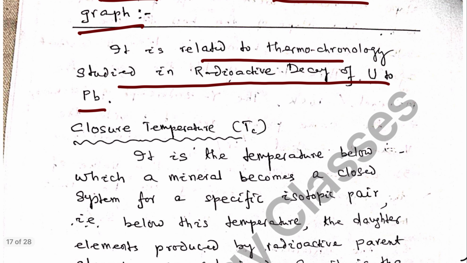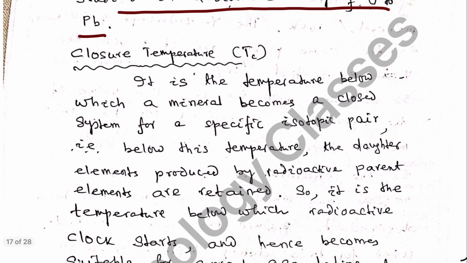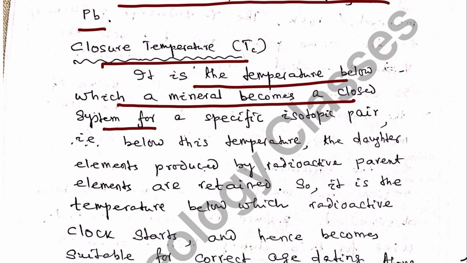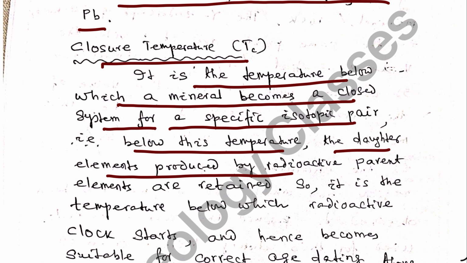with respect to uranium and lead. Closure temperature, or Tc, is the temperature below which a mineral becomes a closed system for a specific isotopic pair. That is, below this temperature, the daughter elements produced by radioactive parent elements are retained.